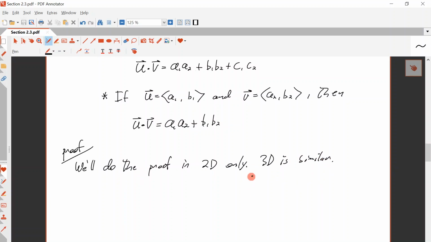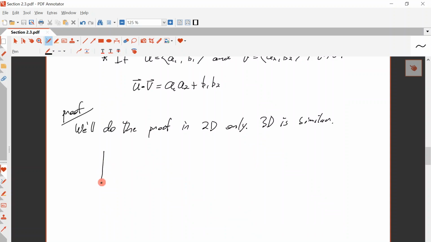It's the same idea. So if you've got two vectors, U and V, here's U, here's V, and you've got some angle between them like that. What's this vector right here? We covered that.